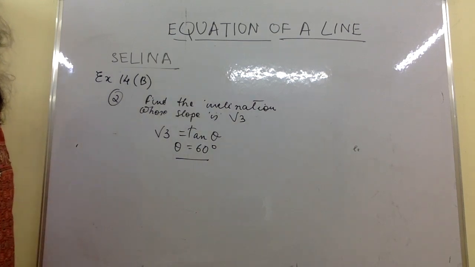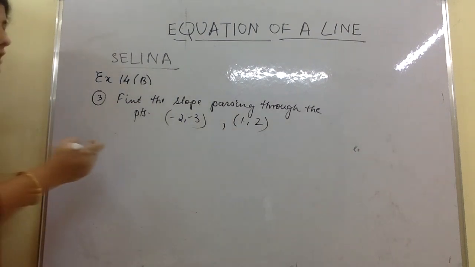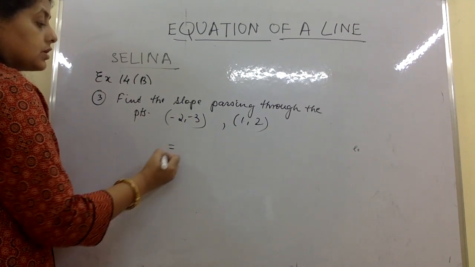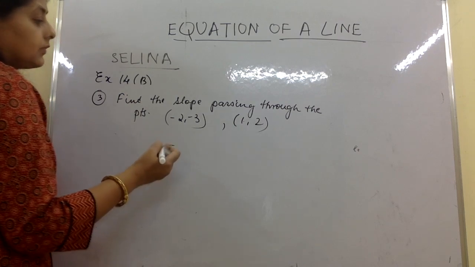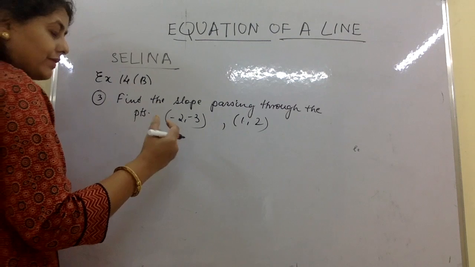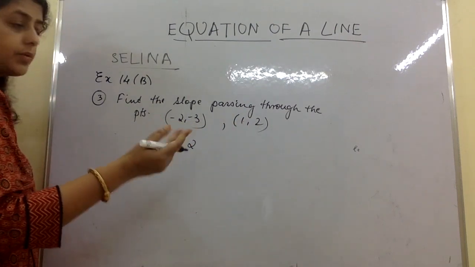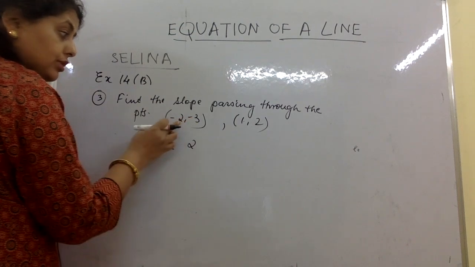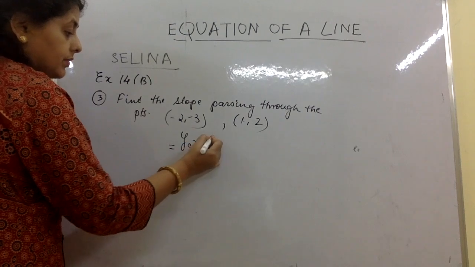Find the slope of the line passing through these 2 points. We will have to use y2 minus y1. So take this as y2, you can even take this as y2, no problem. But if you take this as y2, you have to take this as x2.